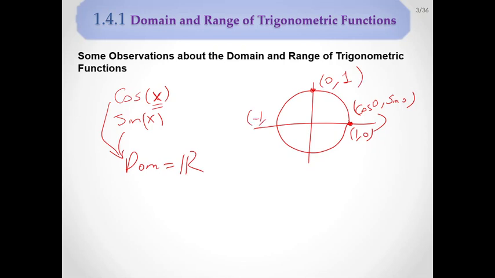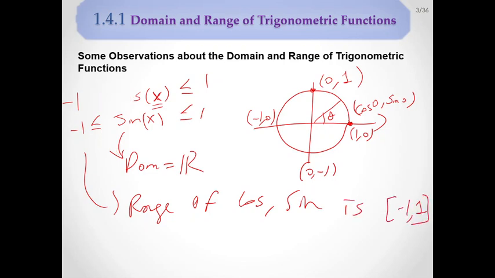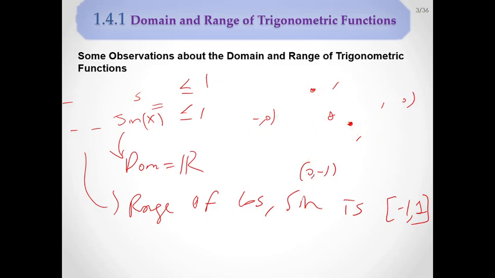And here it will be minus 1, 0, and here 0, minus 1. So as you see, the values of cosine theta are changing between minus 1 and 1. So it means the range of cosine and sine is minus 1 to 1. This is one thing to learn, one thing to see.